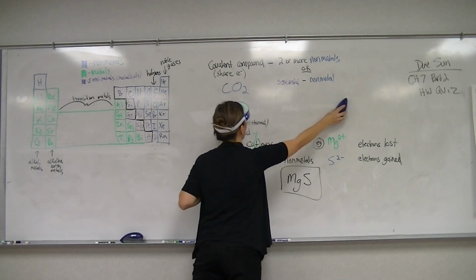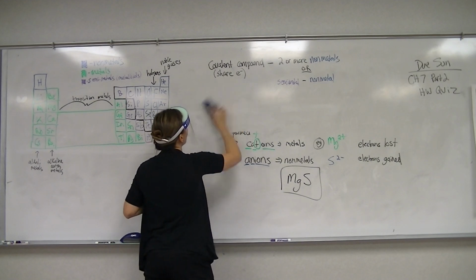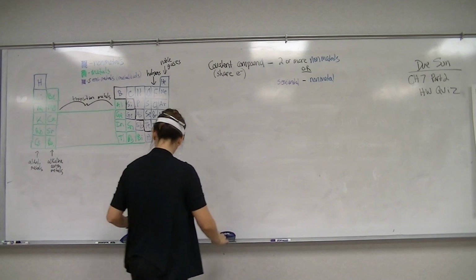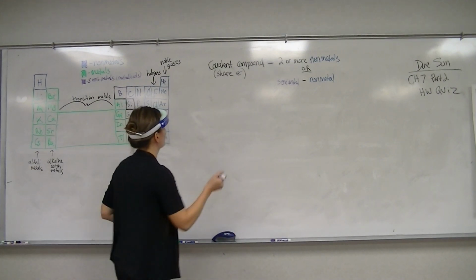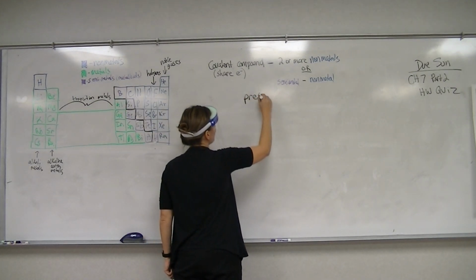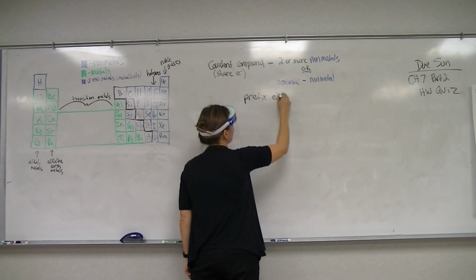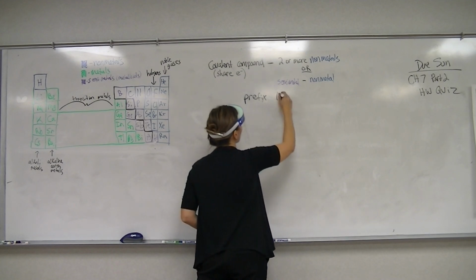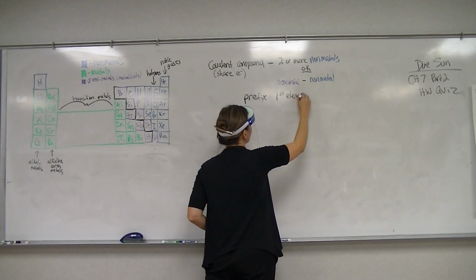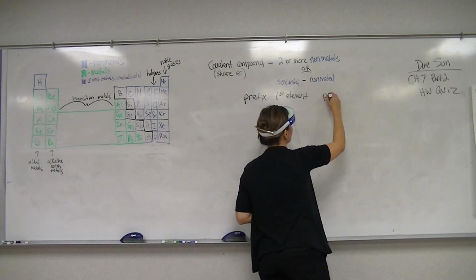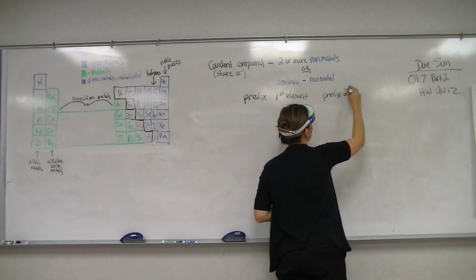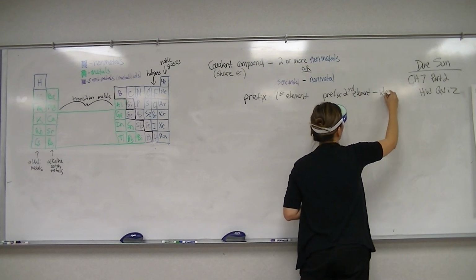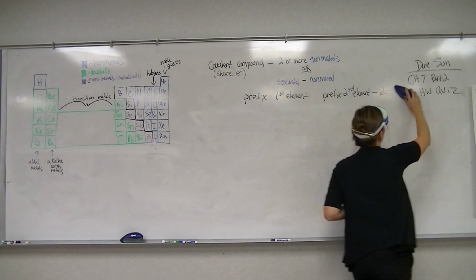The rules for naming covalent compounds are, first off, we're going to have prefixes. We'll have a prefix, and then we'll write the first element name, and then another prefix, the second element, and an IDE ending.